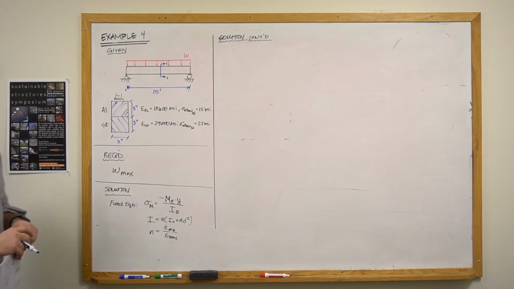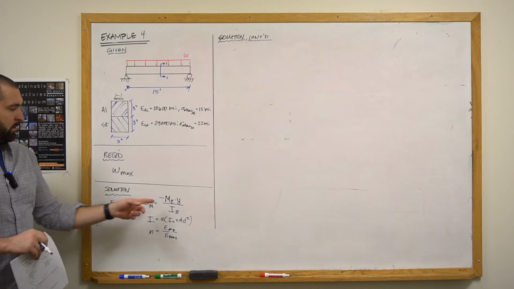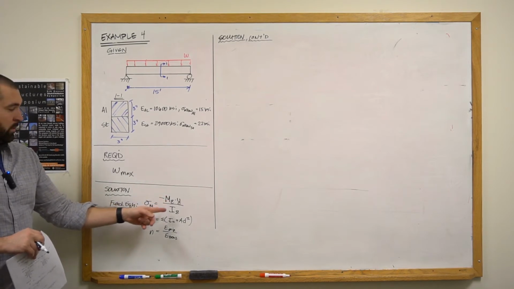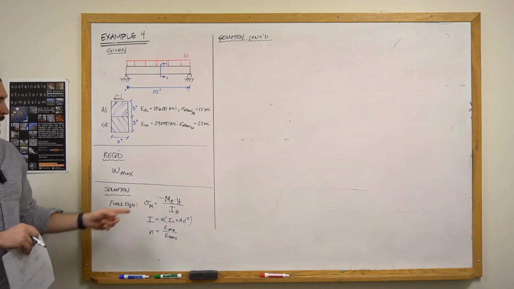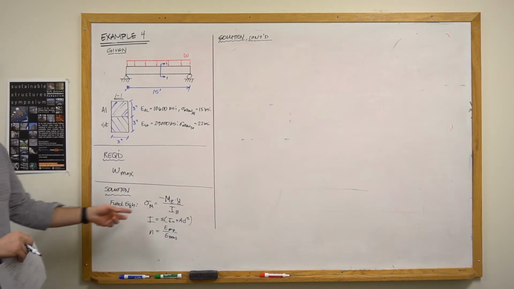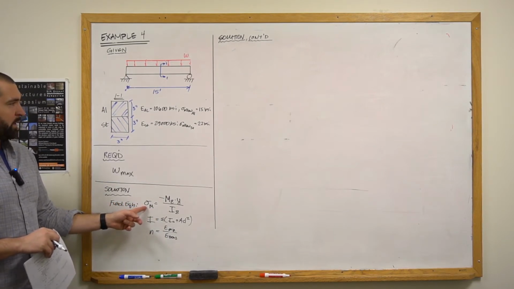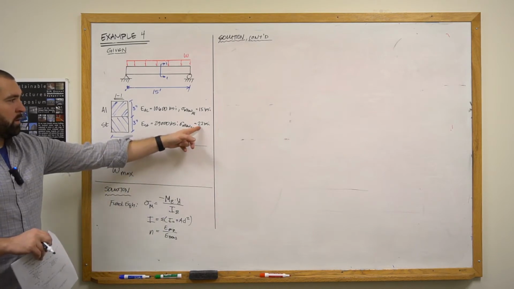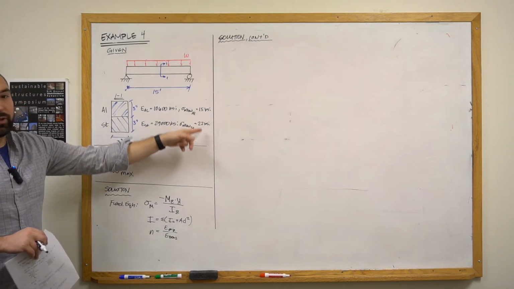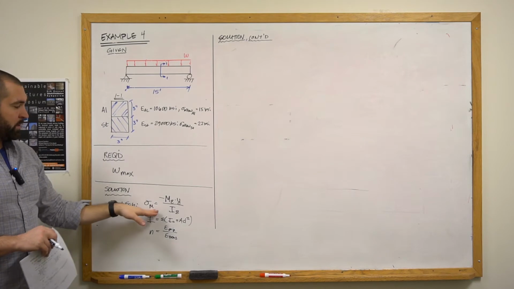Now, with this in mind, we need to find Mz, we need to find y, and we need to find Iz. We're basically given what the maximum stress is. So here we have two different stress checks to do, so we'll have to run this equation twice.